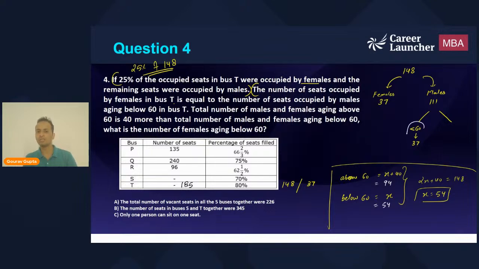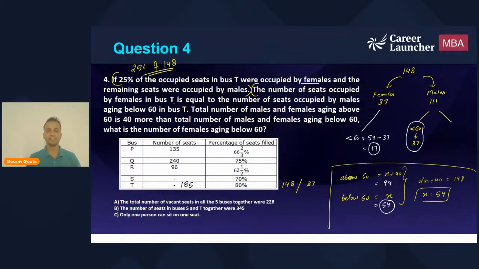Now below 60, number of males is 37, and below 60, the total number of people is 54. So females below 60 will be equal to total number of people below 60 minus number of males below 60.